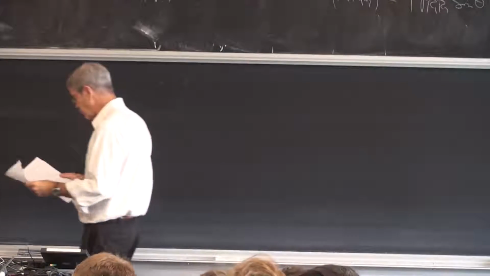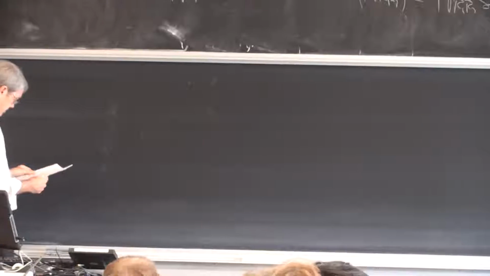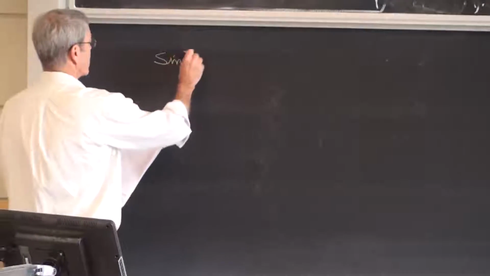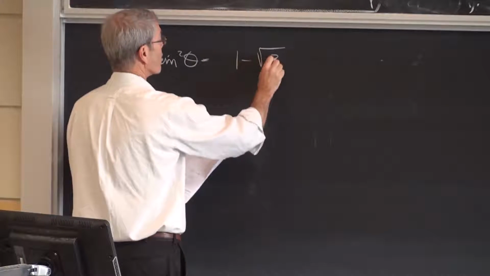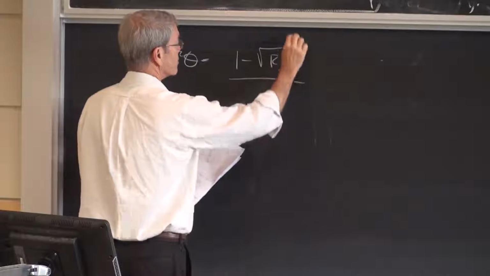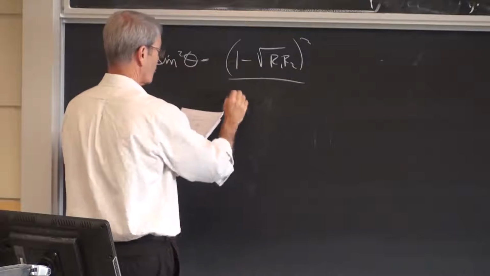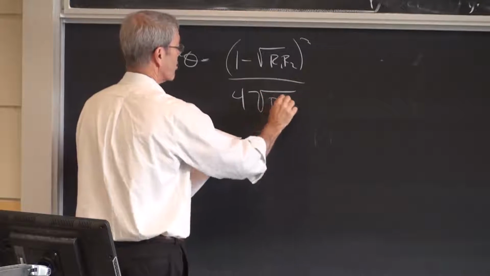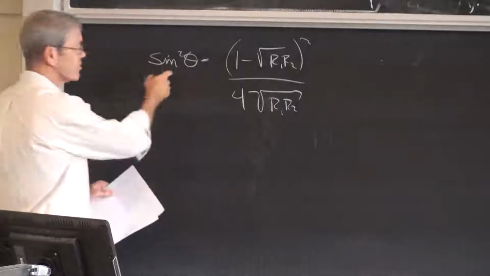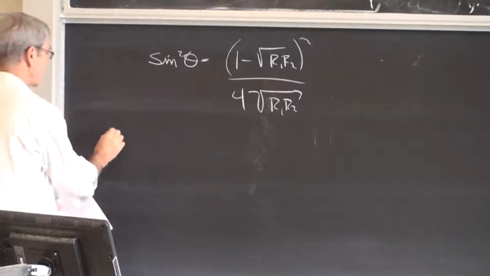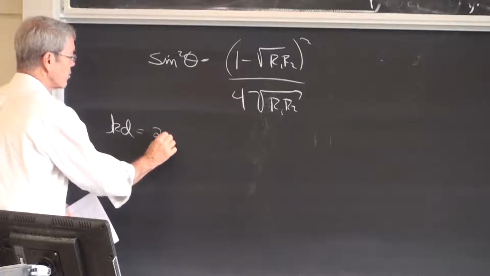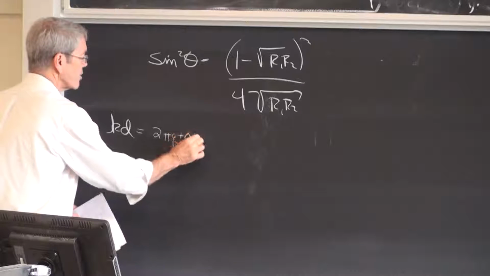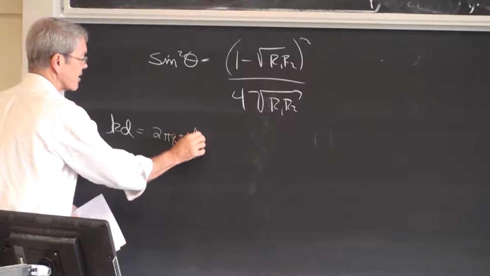What you get when you do that, I'm going to look for sine squared of theta equals (1 minus the square root of R1 R2) squared over 4 square root of R1 R2. And this is KD, and that's approximately 2 pi Q plus some delta K.